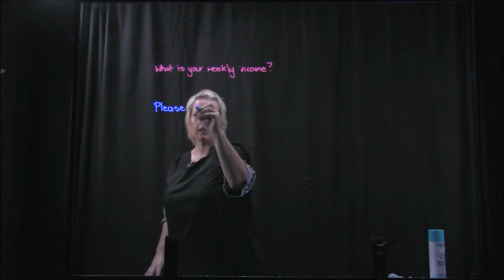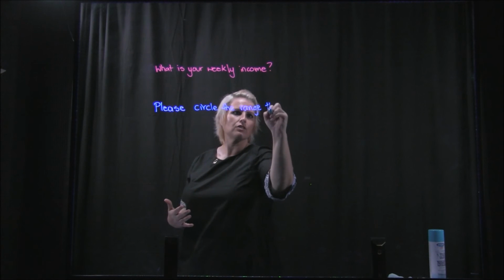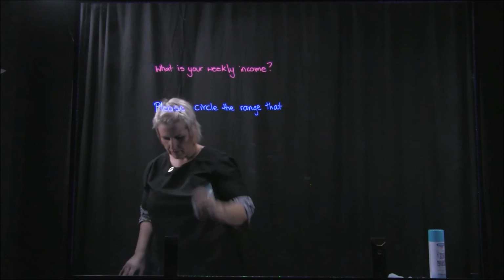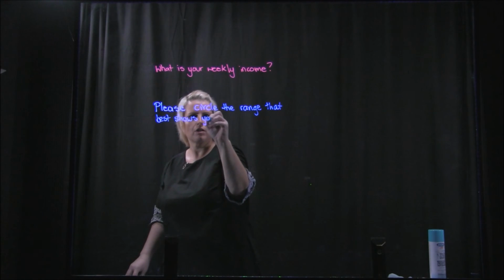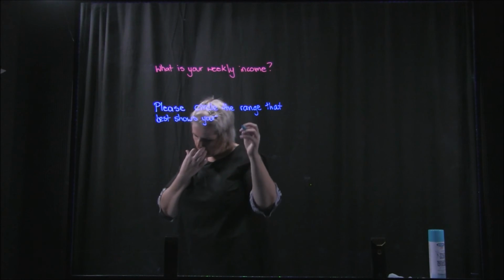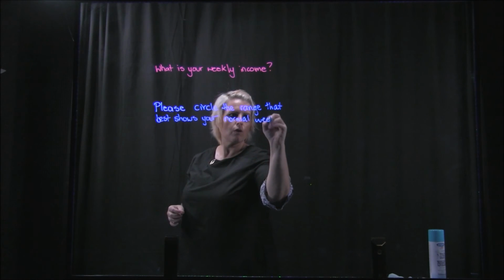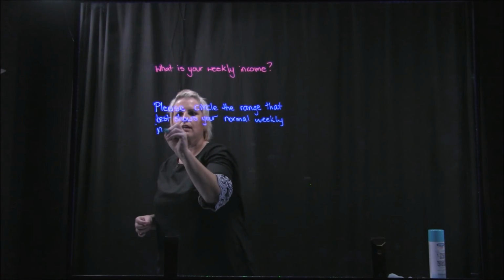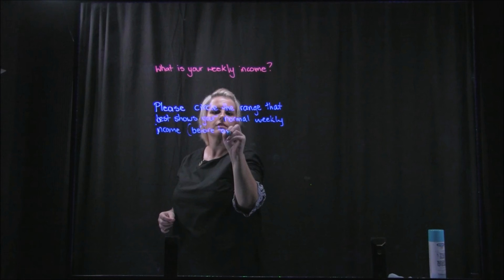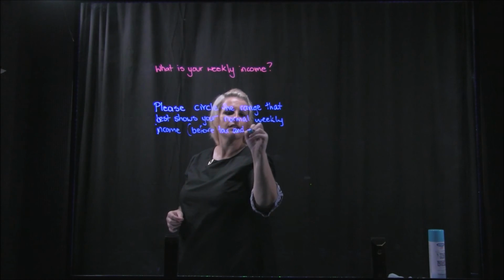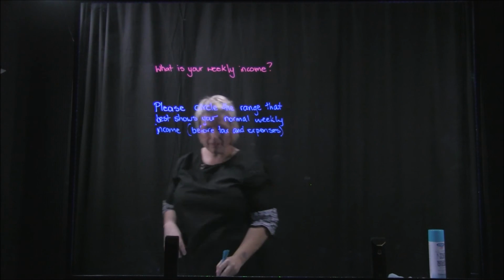So we're going to say, please circle the range that best shows your normal weekly income, and we might actually add before tax and expenses. Yeah, so we want to make sure it's really clear.